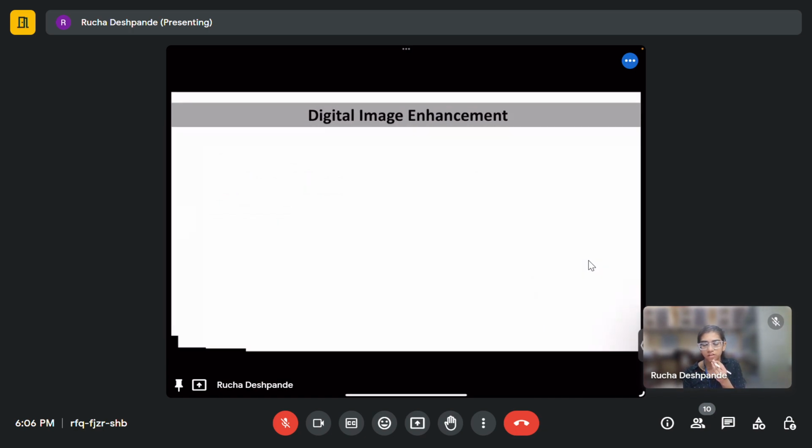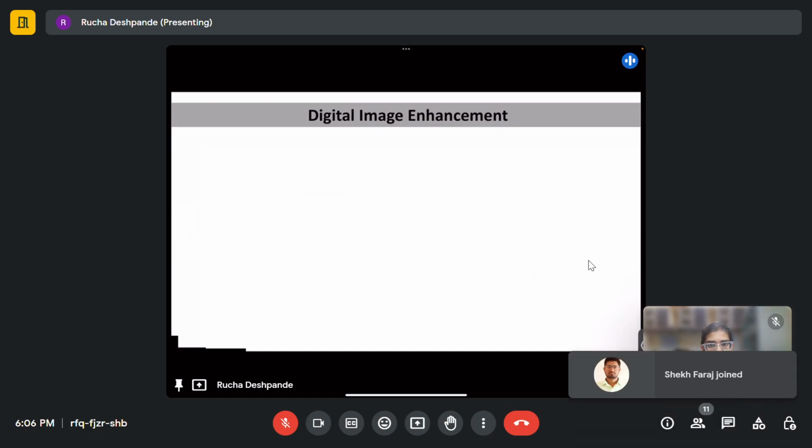Okay, so let's start with digital image enhancement. Why do we need digital image enhancement? Remote sensing images which are captured might not always be the best images suitable for analysis.